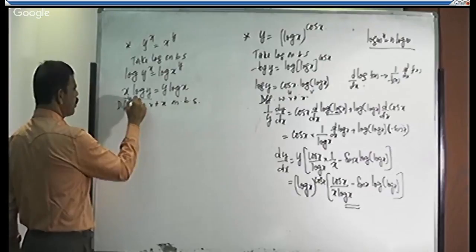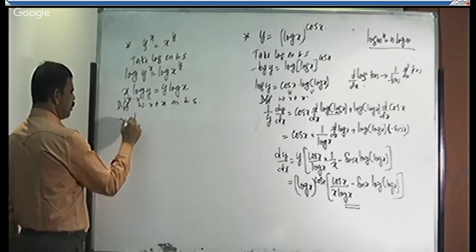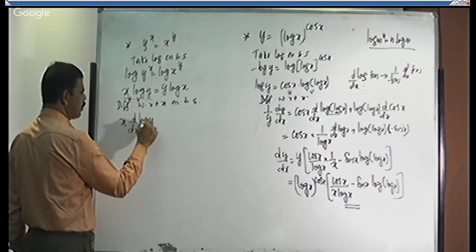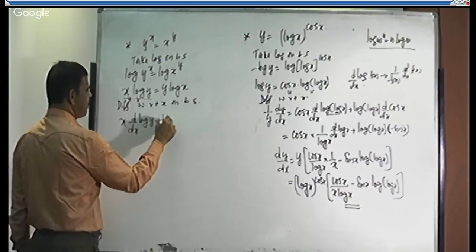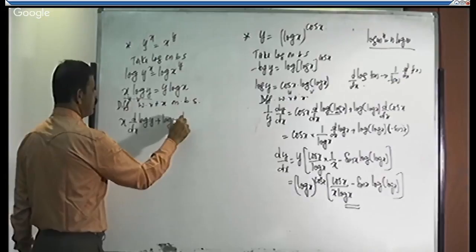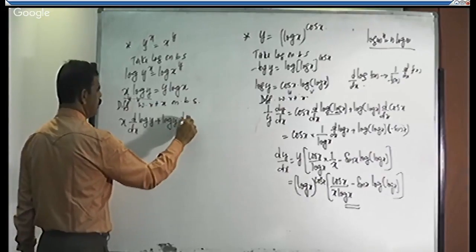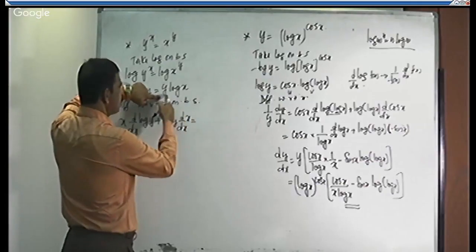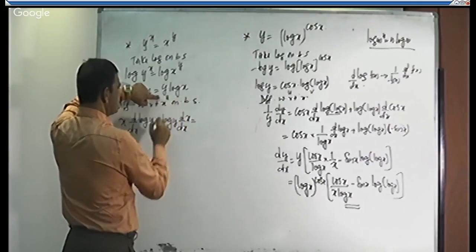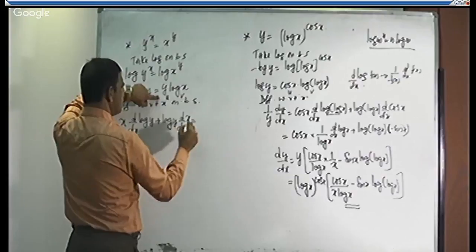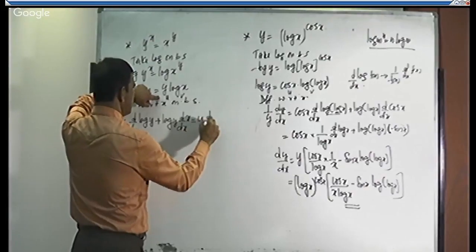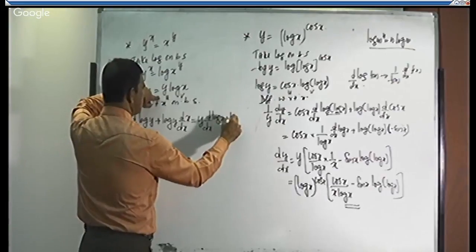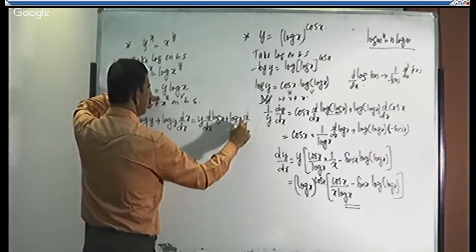So use the product rule: x into d by dx of log y, plus log y into d by dx of x, is equal to. And on the right side, again it is a product of two terms. Take y as u, log x as v. That is y into d by dx of log x, plus log x into d by dx of y.